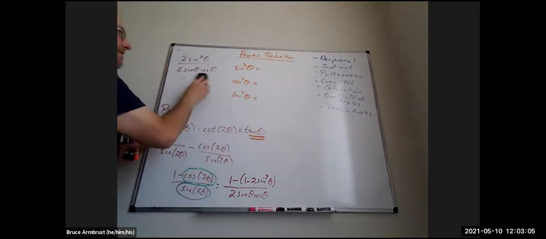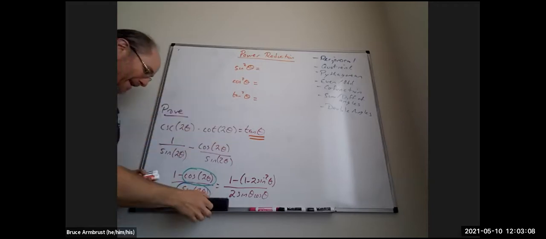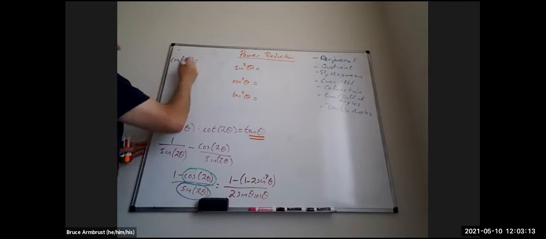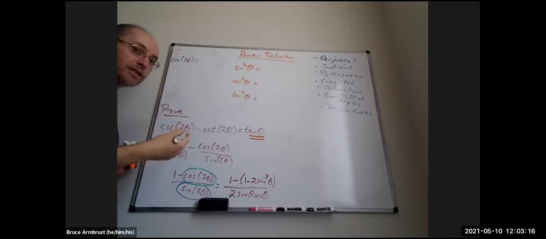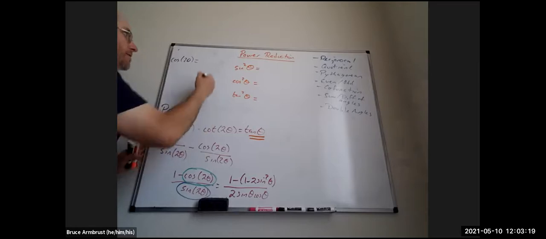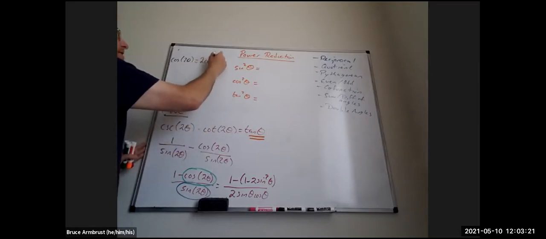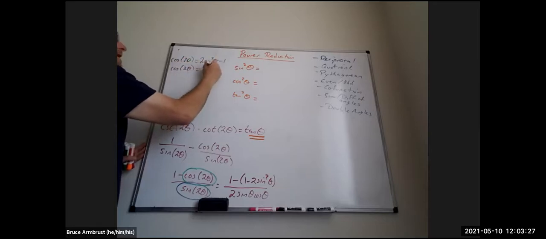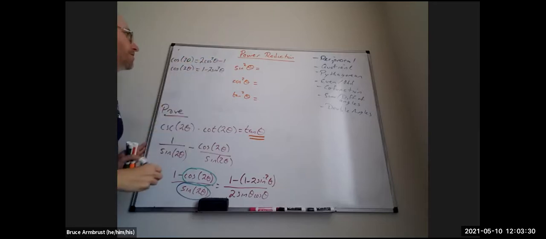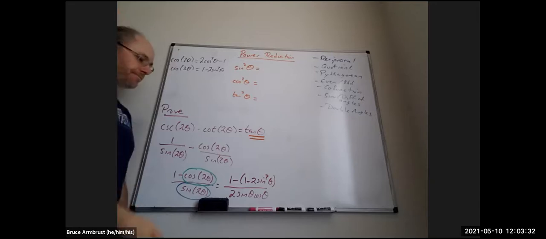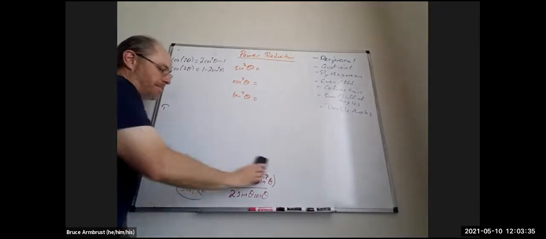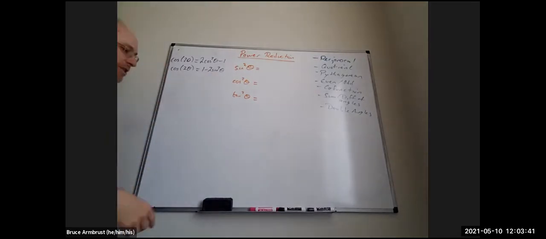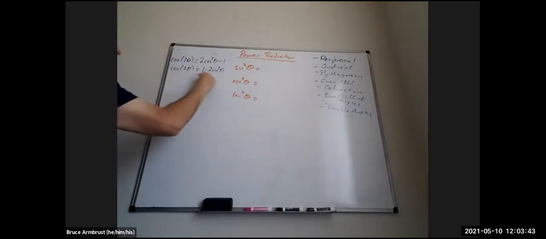So now that I've erased them, let me write them back up again. So remember, we had cosine of 2 theta equals, I'm going to go to the two forms that have only sine or only cosine. There was 2 cosine squared theta minus 1. And the other one was 1 minus 2 sine squared theta. All right, well, to get these power reduction identities, we're just going to do a little bit of algebra on these two.